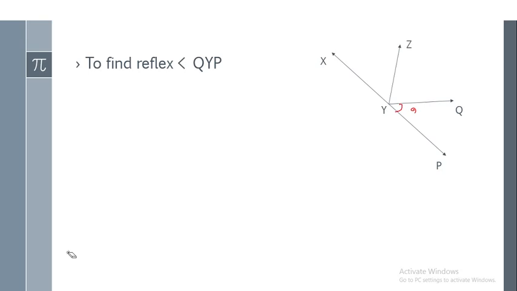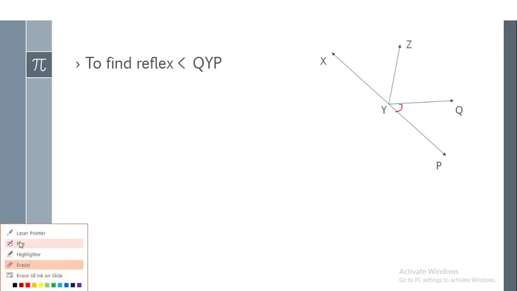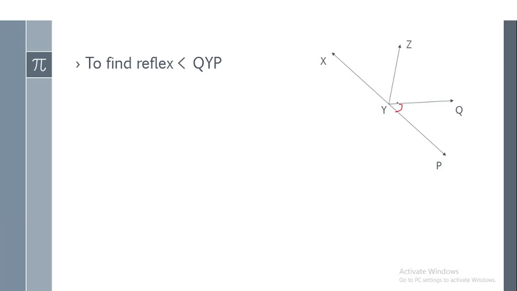You need to find reflex angle QYP. Which is that angle? It will be like this. This is reflex angle QYP. That is 360 minus angle QYP. Then only you will get reflex angle QYP, right?